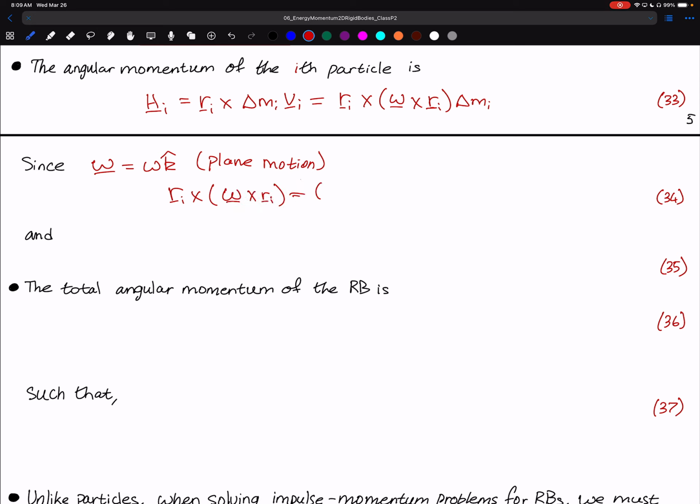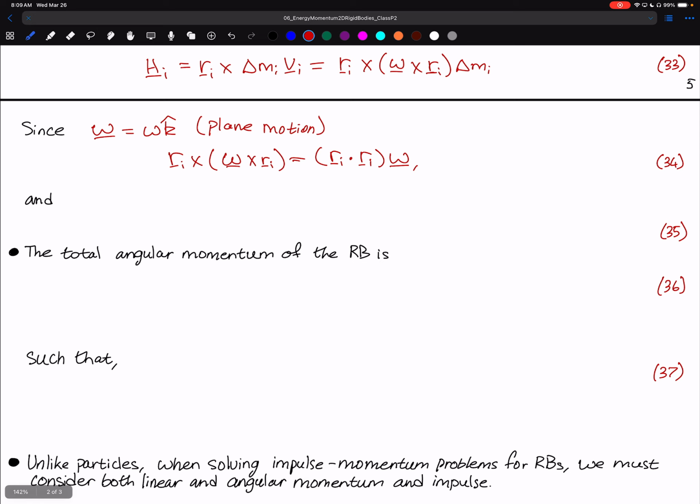This is going to be equal to ri dotted with itself times omega, and then we'll find that our angular momentum h sub i is going to be equal to delta mi times ri dotted with itself times omega. And then this is the rotational angular momentum of an individual particle in this rigid body.